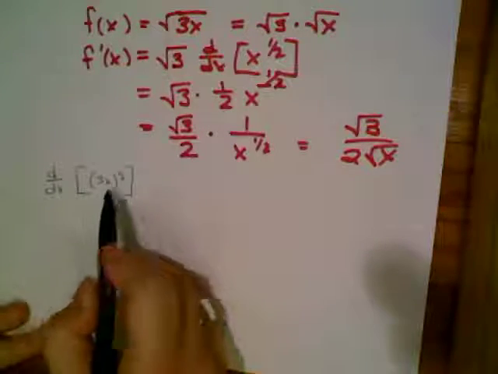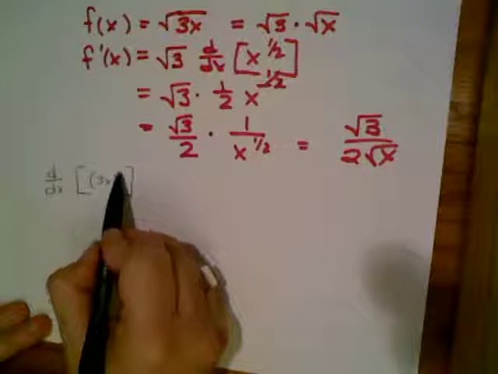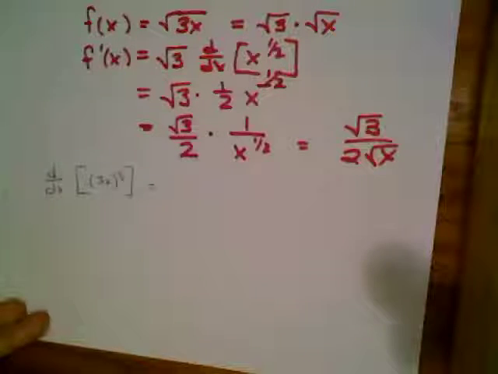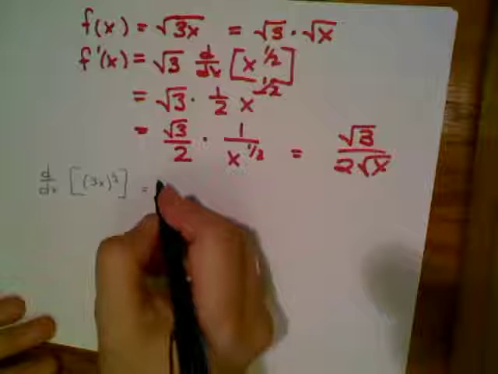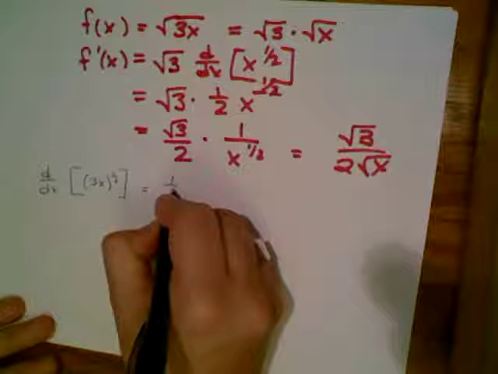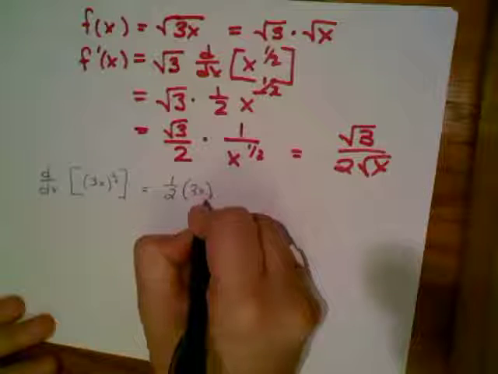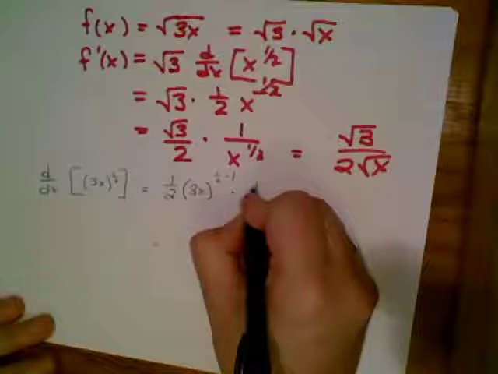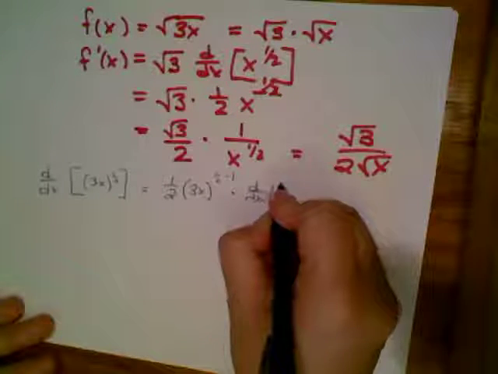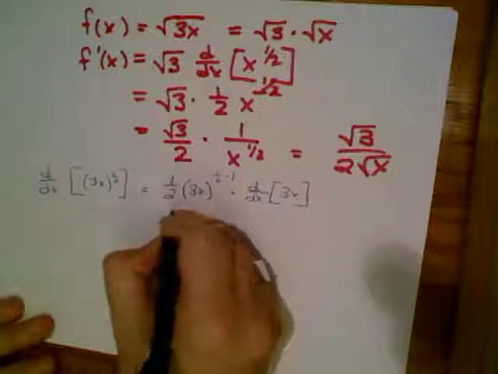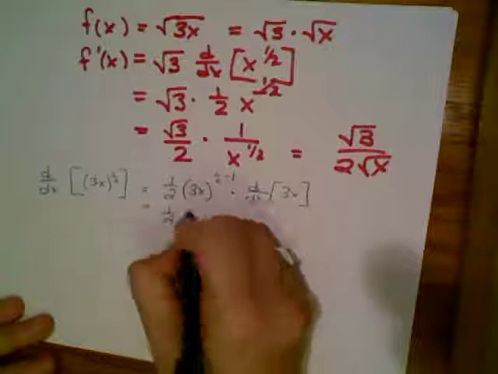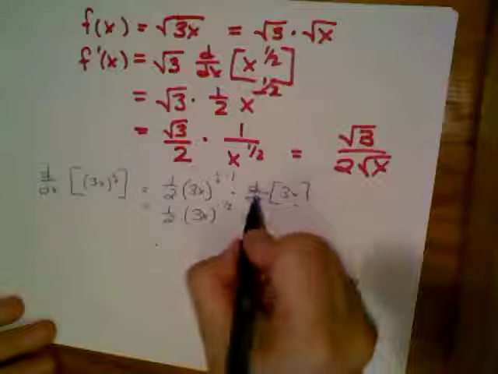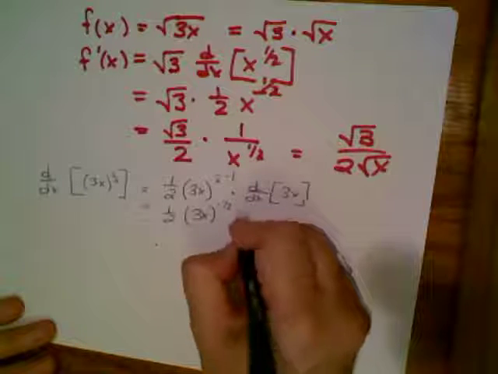But in strategy 2, if I just think of this power, that radical square root, being applied to both the 3 and the x, then I can use the extended power rule, bring down the 1/2, leave the base alone, subtract 1 from the exponent, and then multiply by the derivative of the base, which gives me the product 1/2 times 3x to the negative 1/2, and then the derivative of 3x would just be 3.